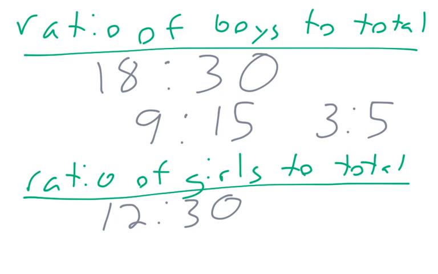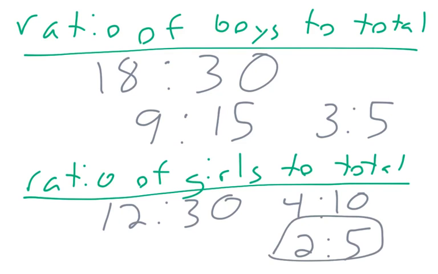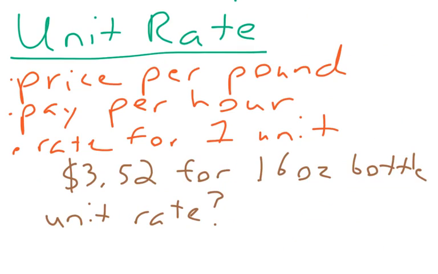And again, that can break down. So 3 can go into both of these. 12 divided by 3 is 4. 30 divided by 3 is 10. And again, this can break down to 2 to 5. So those are our ratios. The ratio of boys to total is 3 to 5. The ratio of girls to total is 2 to 5.